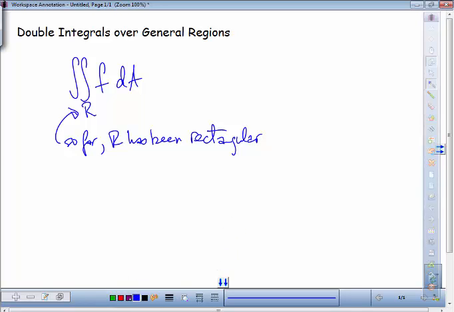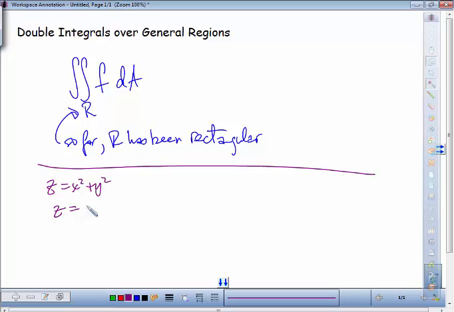Let's see if I can come up with some quick examples of finding volumes. Let's say of a paraboloid, z is equal to x squared plus y squared, and the plane z is equal to 1. The paraboloid and the plane would make up some sort of volume.